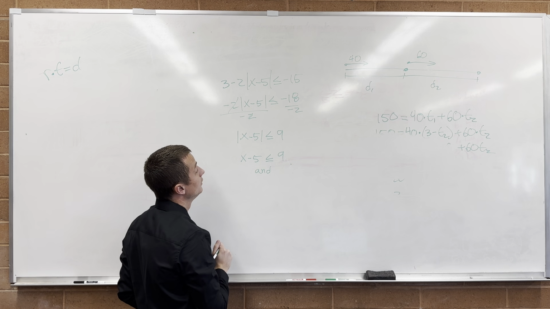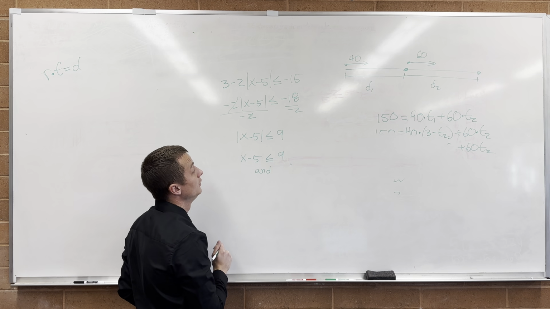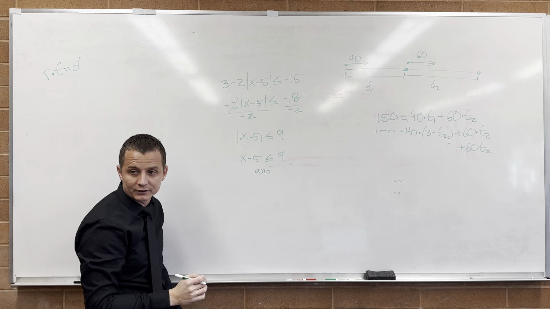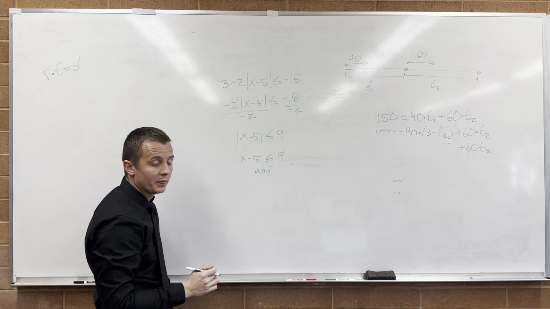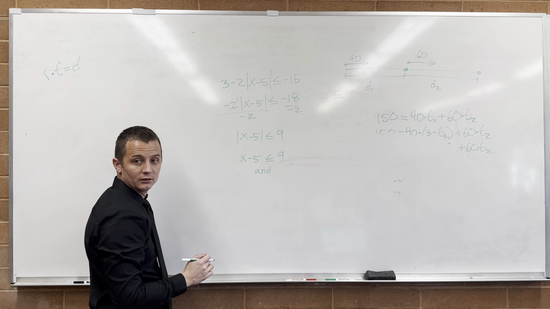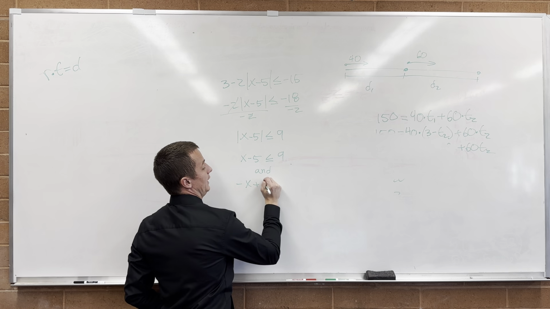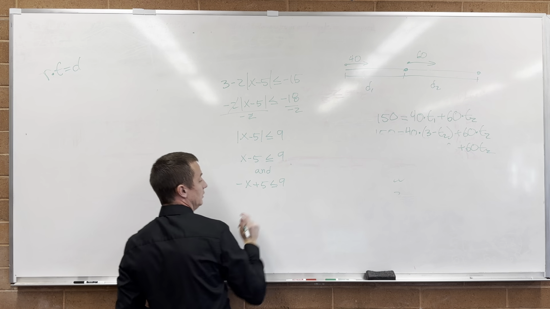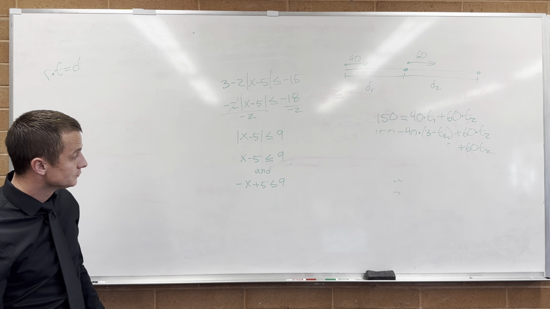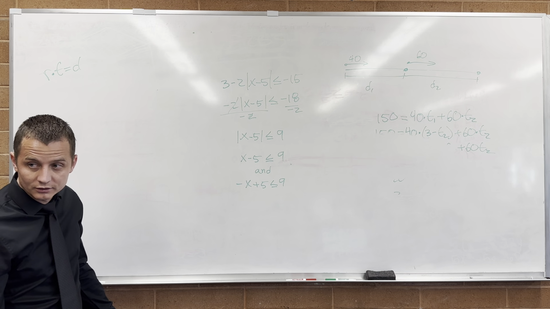Remember, both the positive and the negative have to satisfy this. So we also have negative x plus 5 is less than or equal to 9. Right? And these are our 2 inequalities.